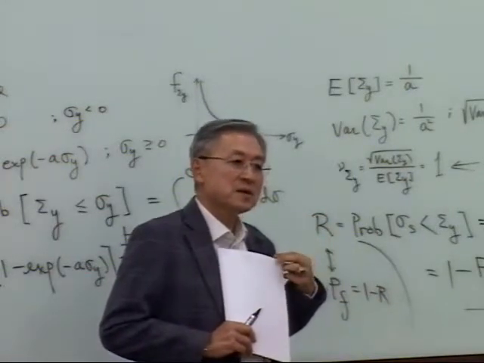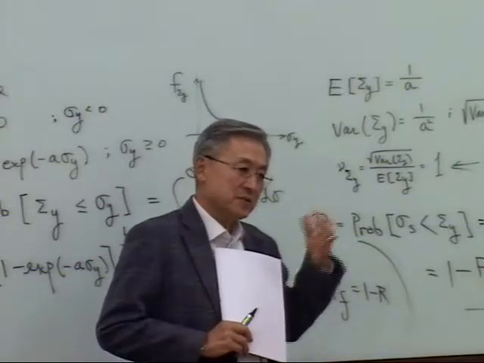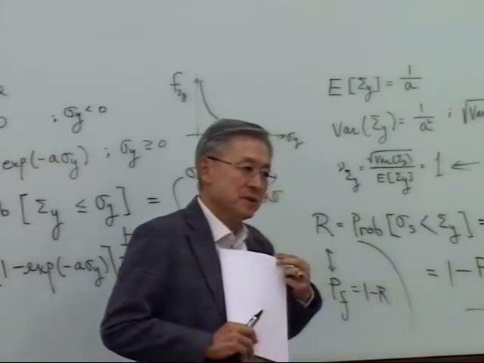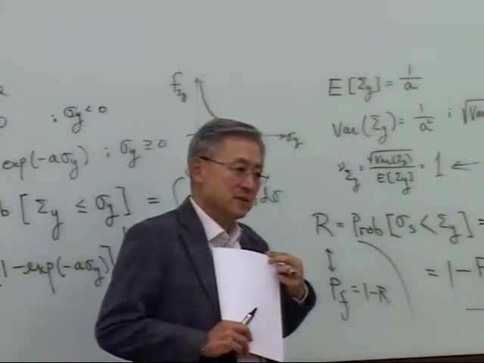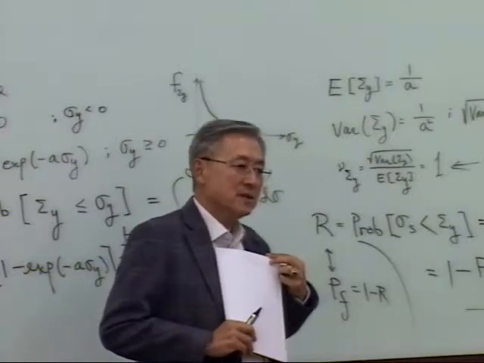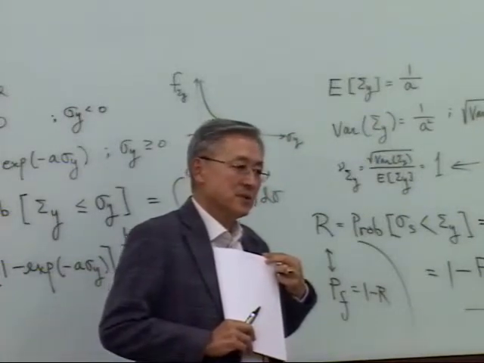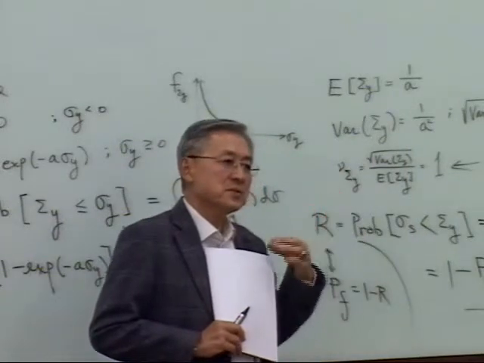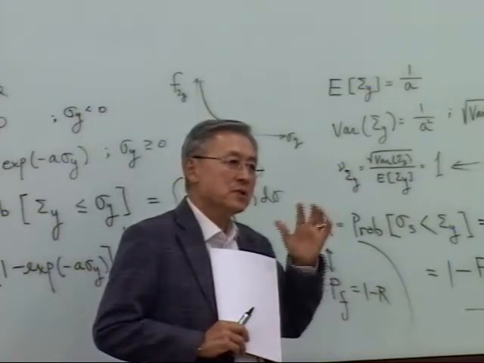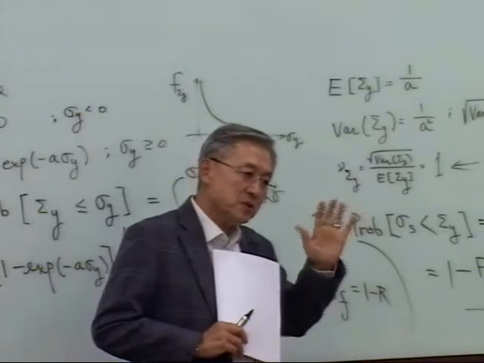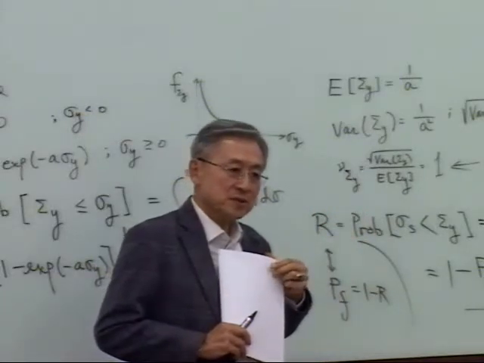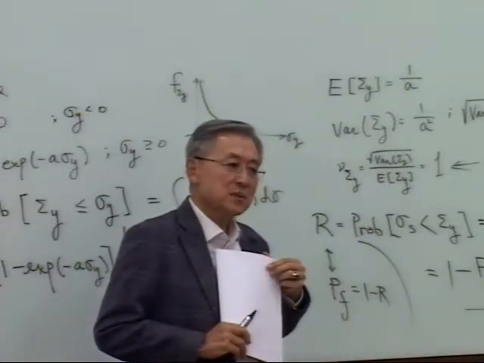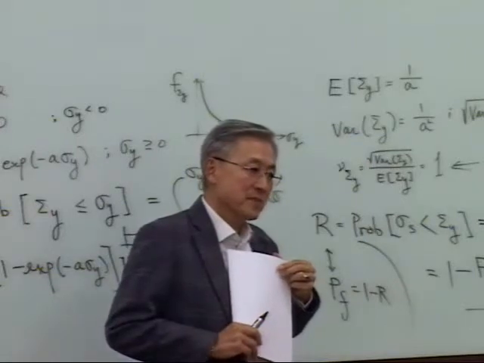If they are correlated with each other, gosh, you just can't analyze, because unless you really know the correlation between loading and the strengths, you don't know what to do.